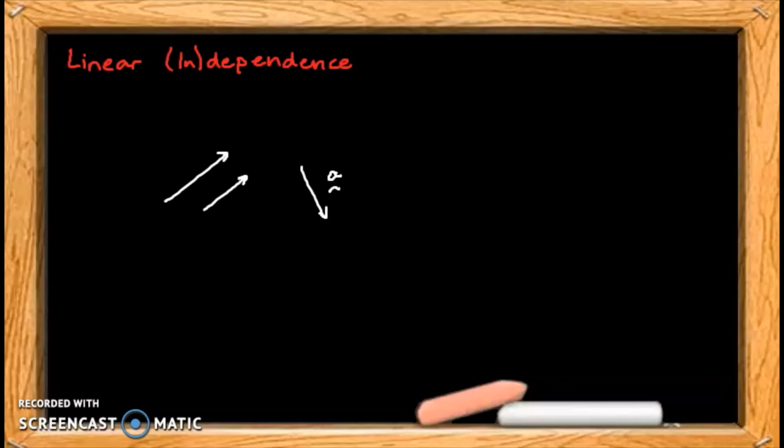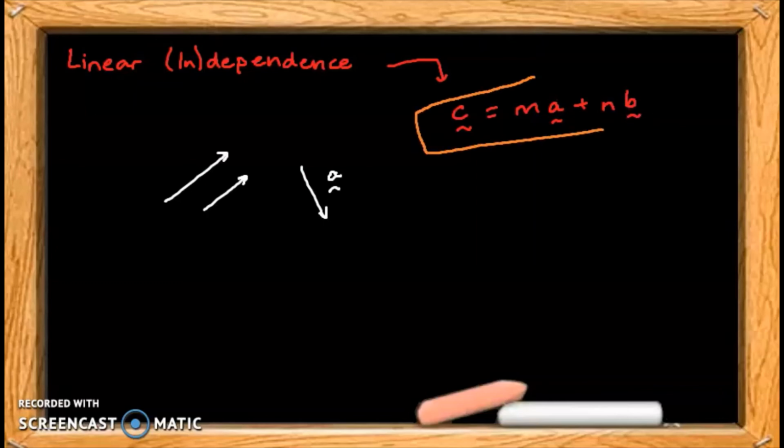The algebraic definition of linear dependence is that vector C equals some number m times vector A plus another number n times vector B. And that algebraic definition is one you'll need to know. For this definition, both m and n cannot equal 0.